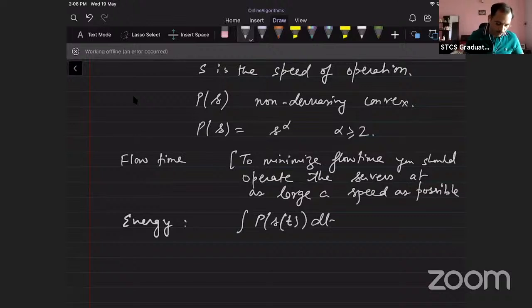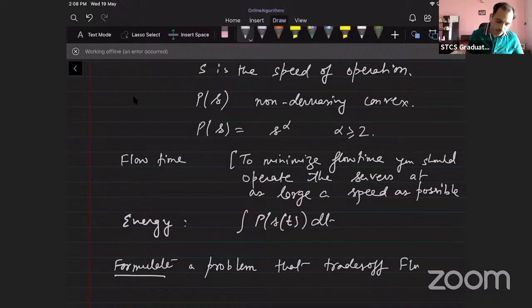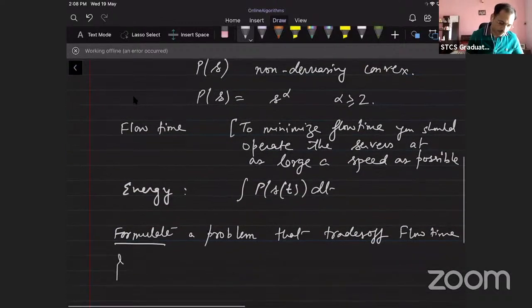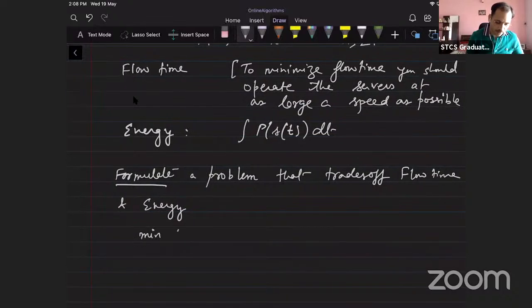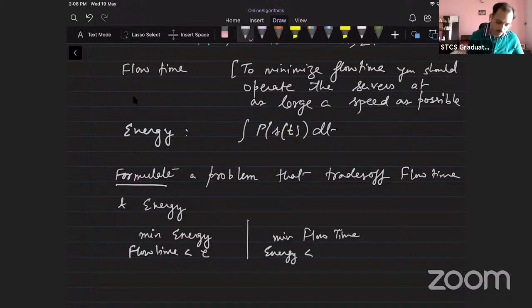So you can now try to formulate a problem which trades off flow time and energy. You can either say minimize energy subject to flow time being less than some quantity, let's call it tau, or you can say minimize flow time subject to energy being less than some kappa.